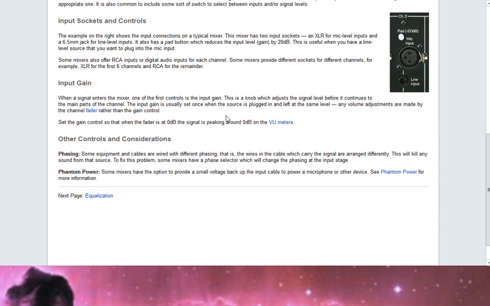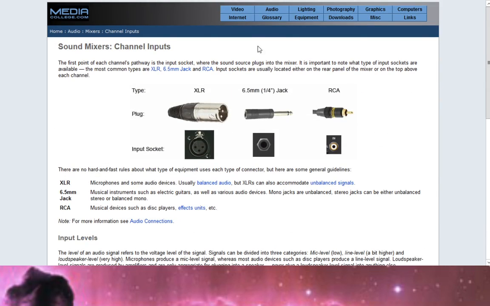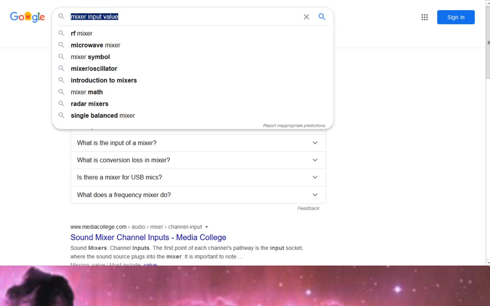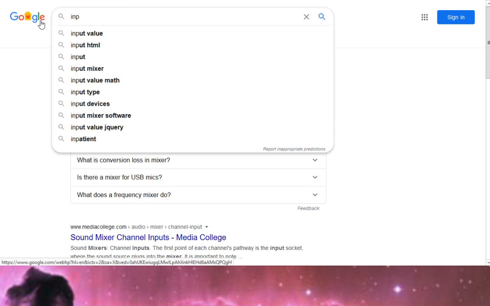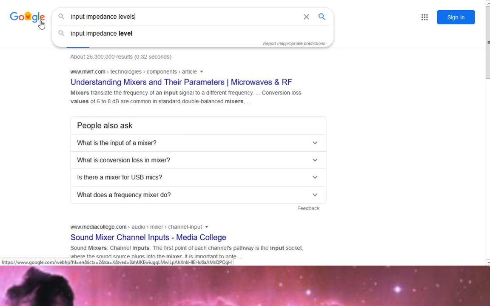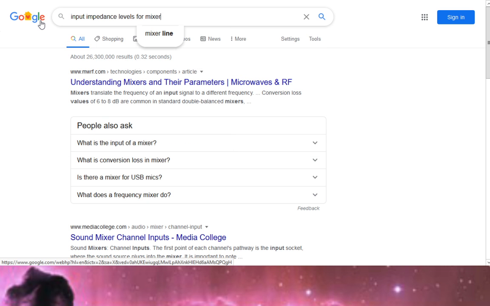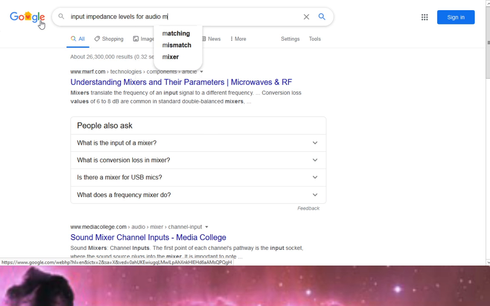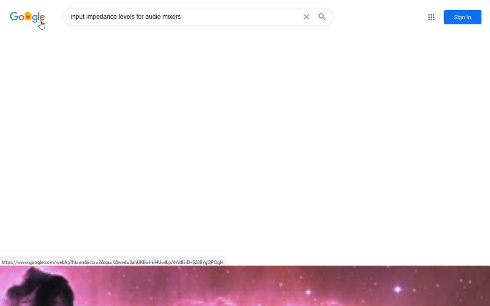But anyway, let's see if we can find a typical... Okay, I'm not quite finding what I'm looking for here. Let's do input impedance levels for audio mixers.